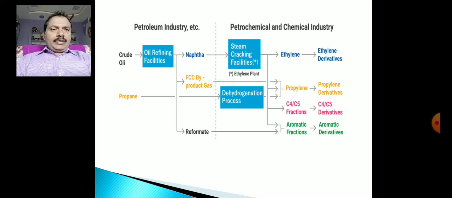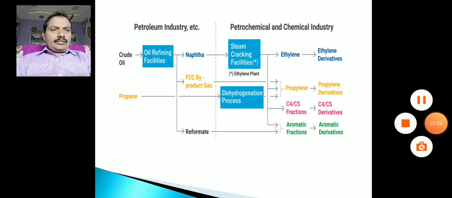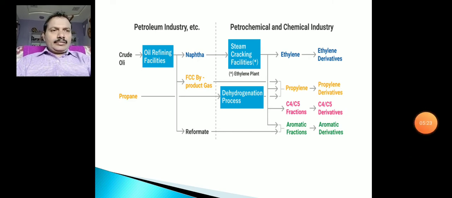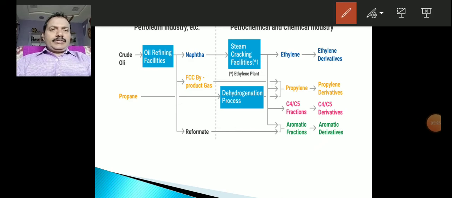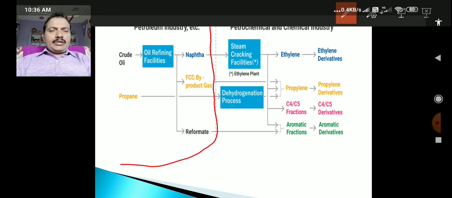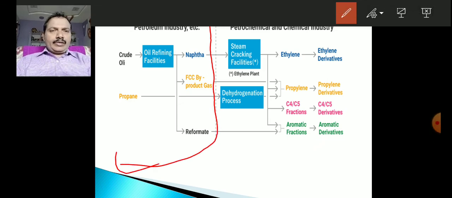And if you observe here, this is the layout we can discuss. Here, this section is the petroleum industry. The crude oil, which is available from the earth, is now fed into the oil refining facilities.